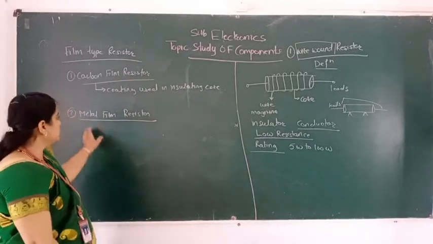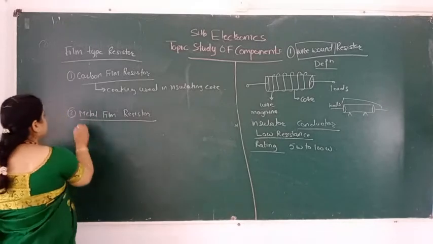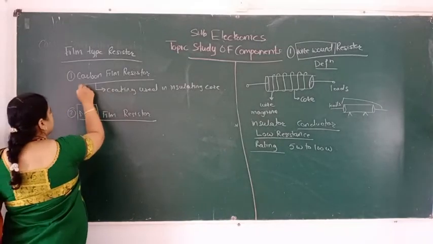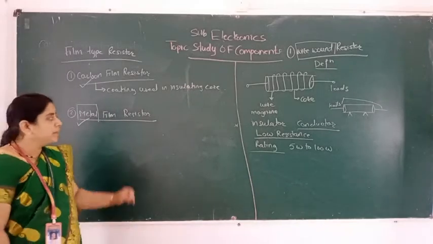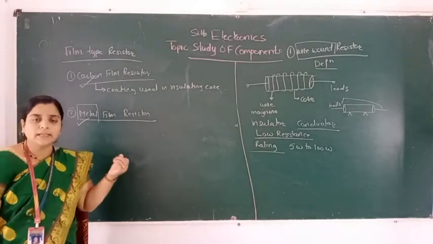Okay, next is what? Metal film resistor. Here, which thing is used? In the carbon resistor, carbon is used, and now here metal is used. Metal is what? Is it conductive or insulating?